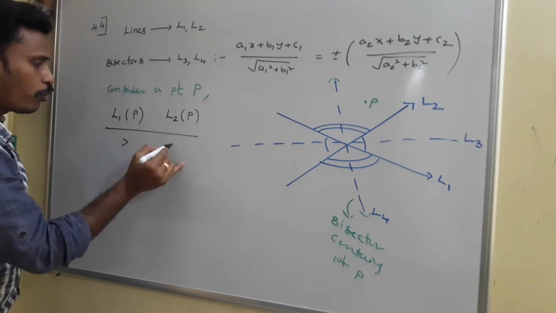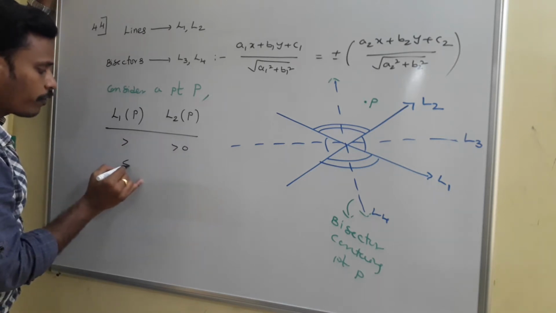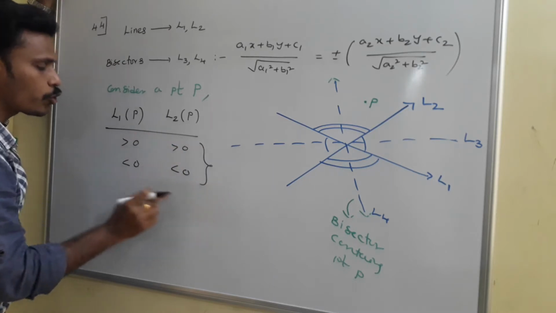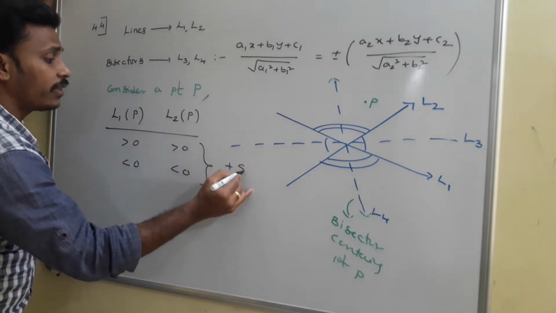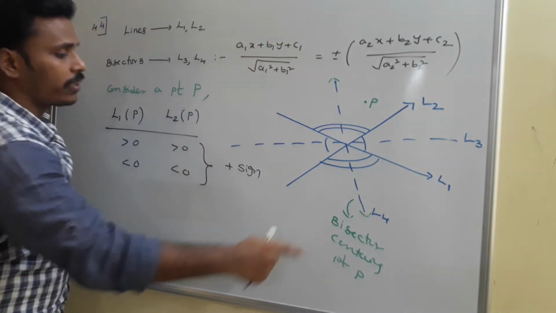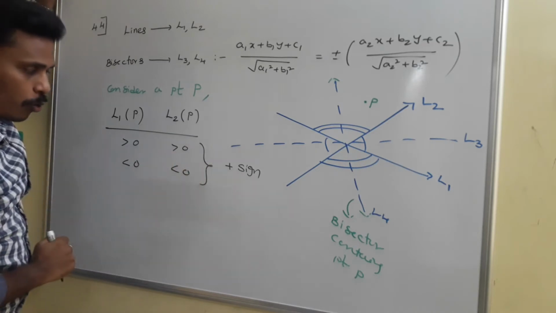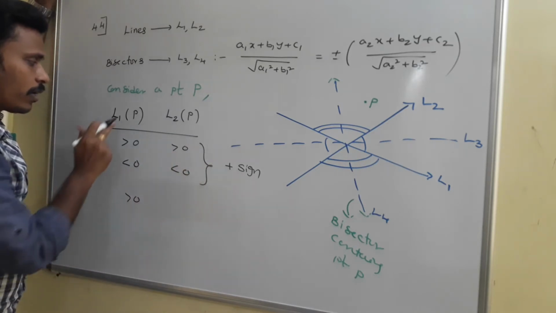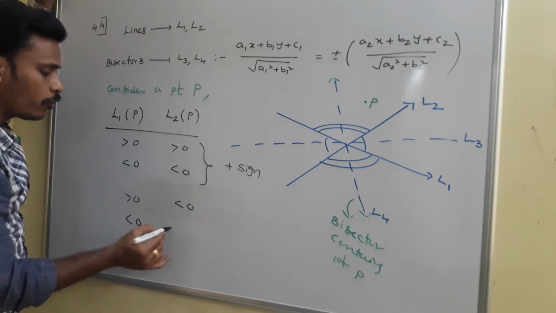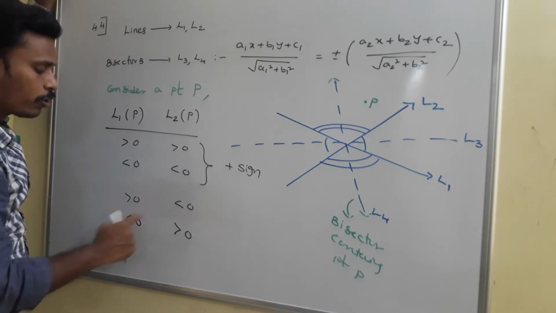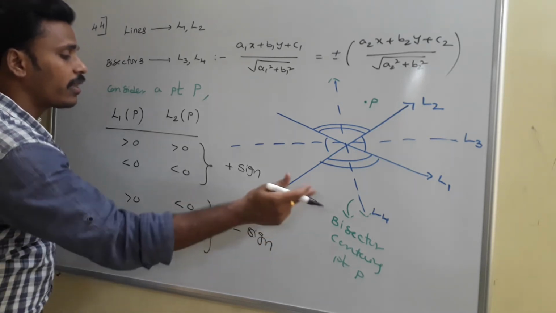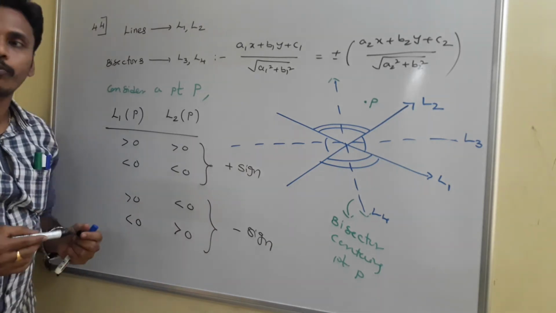If the results are both positive, or both negative, then in these two situations the plus sign represents our required bisector containing point P. Whereas if the first value is positive and the second negative, or the first negative and the second positive, opposite signs, then the minus sign will represent the required bisector containing point P.